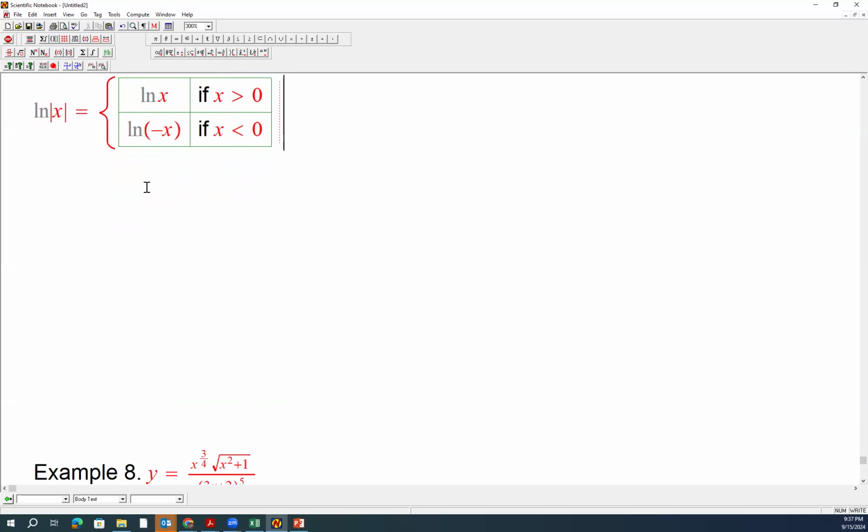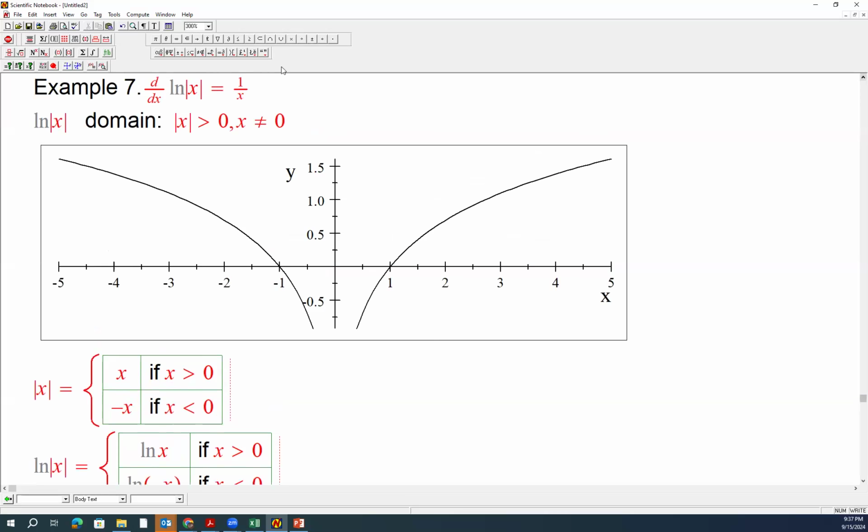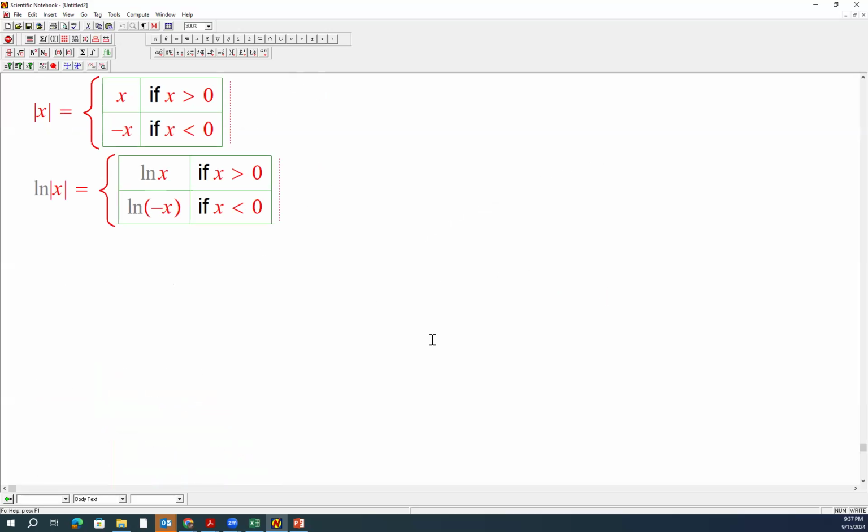Now we're going to take a derivative to prove, is this true? We're going to work on these depending on whether x is positive or negative.